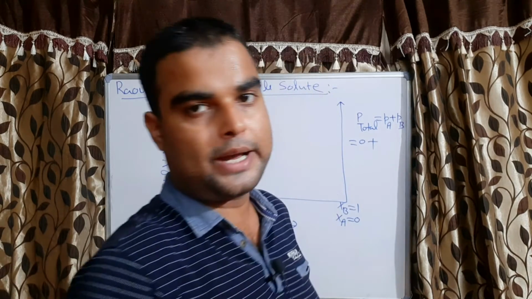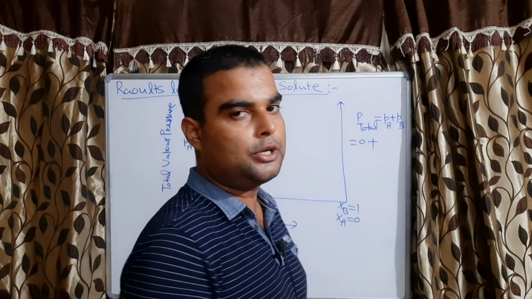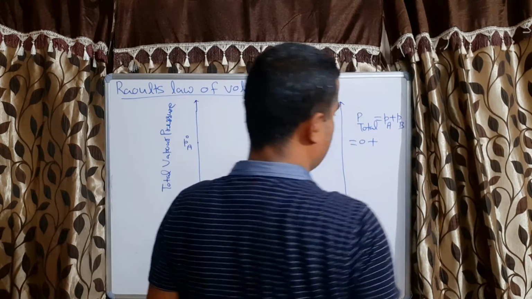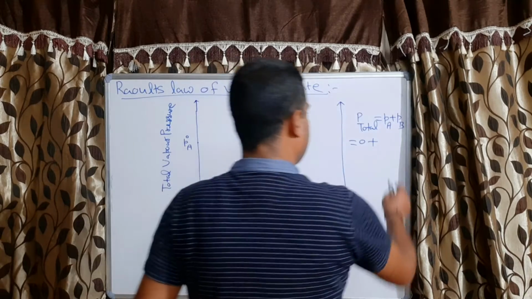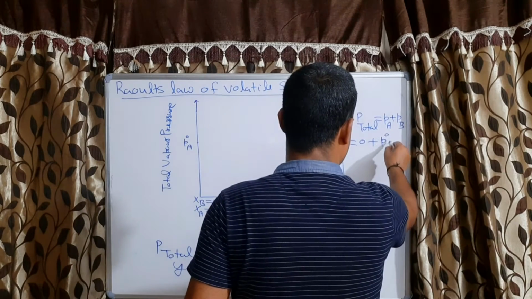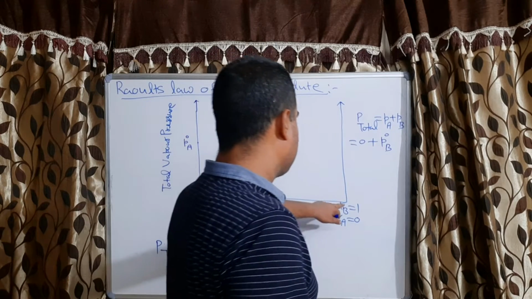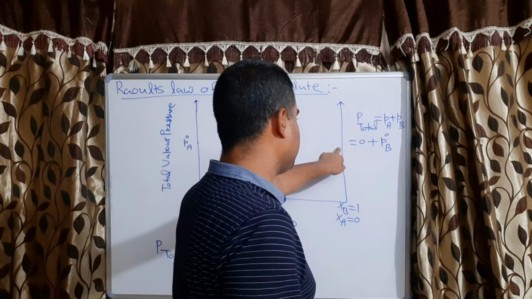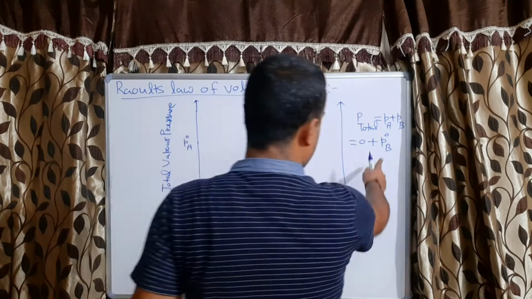Because PA equal to XA into P naught A. Since XA is 0, 0 into P naught A equal to 0, plus PB will be equal to XB into P naught B. XB is equal to 1, so it will be P naught B, correct? It means at this point the total vapor pressure, because this is the y-axis and the y-axis is P total, will be equal to P naught B.